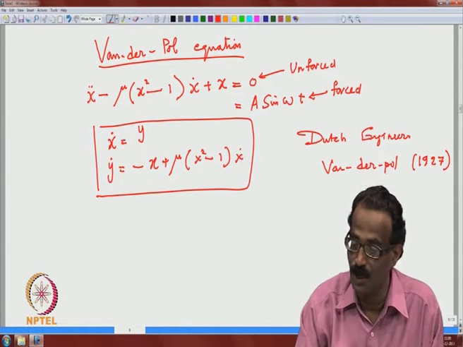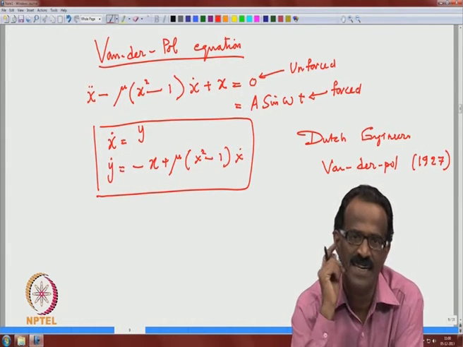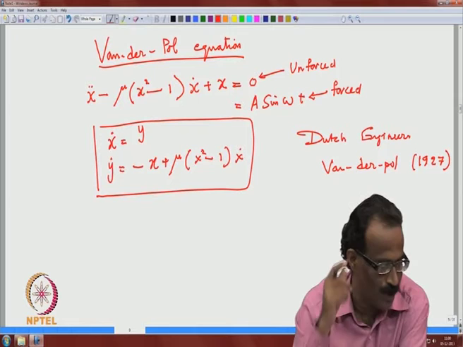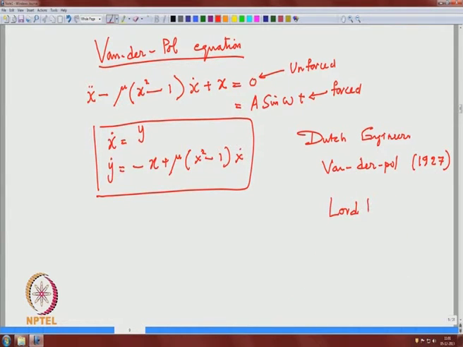But it also seems that this equation was derived a little earlier than van der Pol, due to Lord Rayleigh, but somehow it is not in that name. It was introduced probably in 1896 itself, 30 years before that. But van der Pol is the one who extensively studied this.